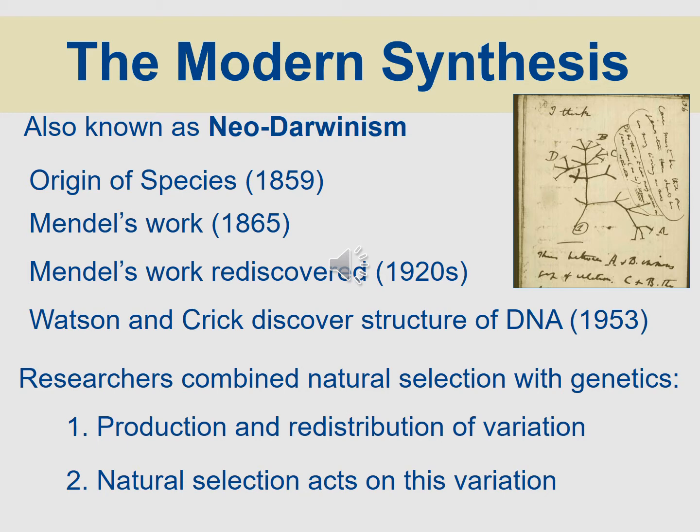So we're only about 70 years into the field of molecular biology. Now what researchers do is combine natural selection with genetics, and it seems quite obvious. We look at the production and redistribution of variation, and natural selection can act on this variation.